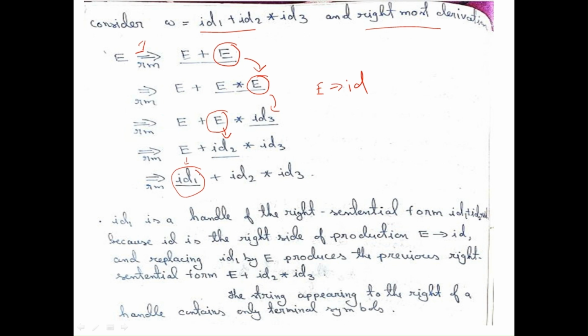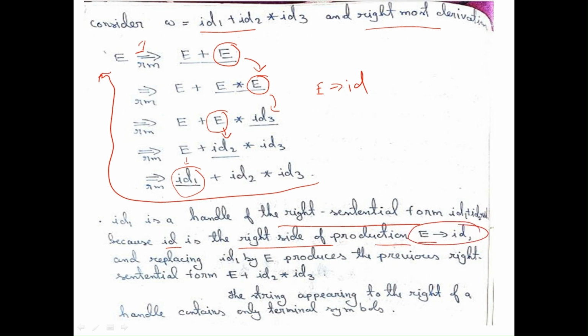so ID1. If we traverse in this manner from string to the start variable, then what happens? ID1 is a handle, because ID is the right side of the production E is rewritten as ID. And replacing this ID1 by E, we get the previous right sentential form. Just consider this, E plus ID2 into ID3.